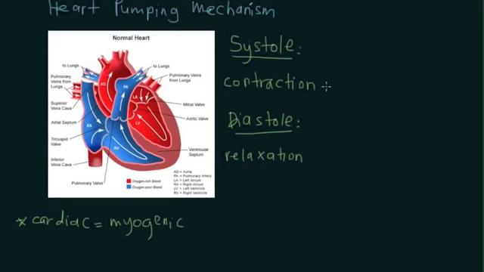Under systole, this involves the contraction of both atria at the same time, as well as contraction of both ventricles also at the same time. Meaning that when the atria contract, the ventricles relax, but when the ventricles contract, the atria relax.